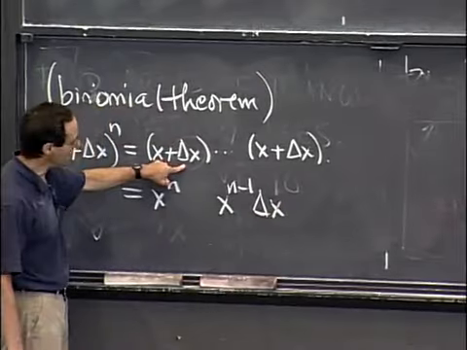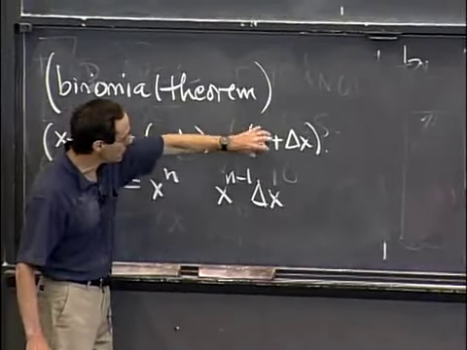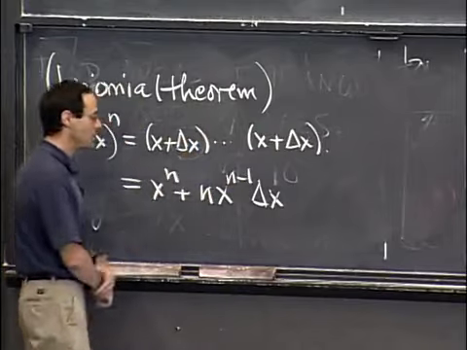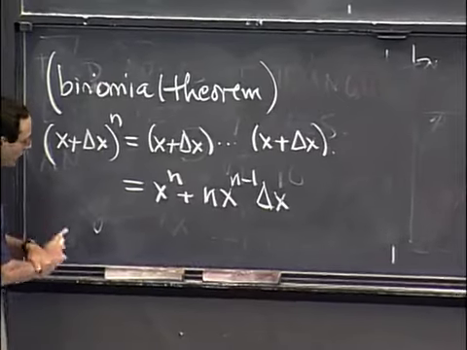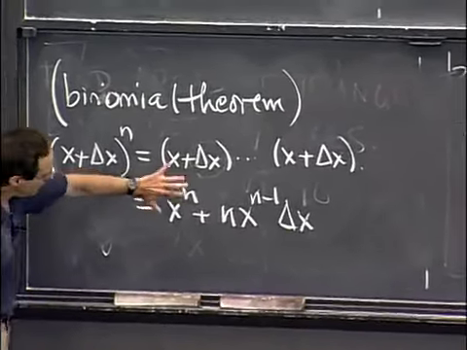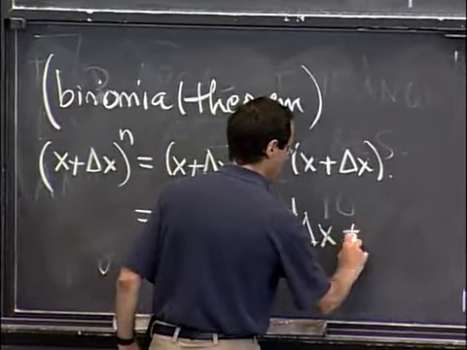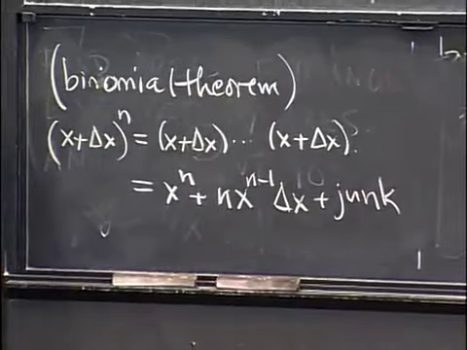And how many times does that happen? Well, it happens when there's a factor from here, from the next factor, and so on and so on and so on. There's a total of n possible times that happens. And now the great thing is that with this alone, all the rest of the terms are junk that we won't have to worry about.